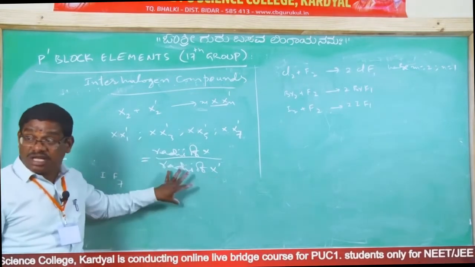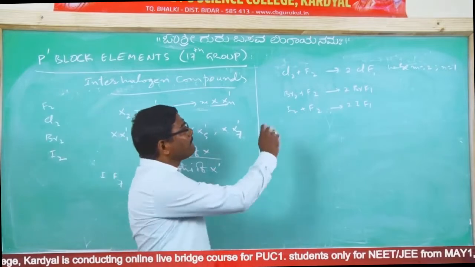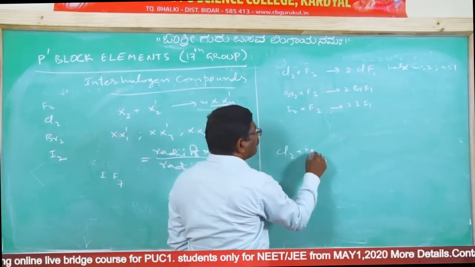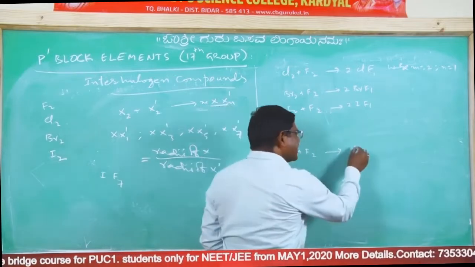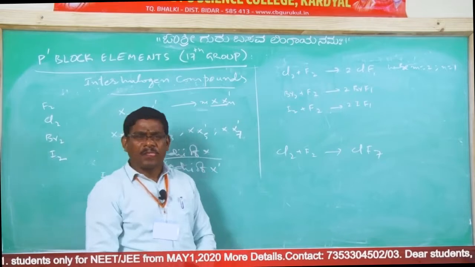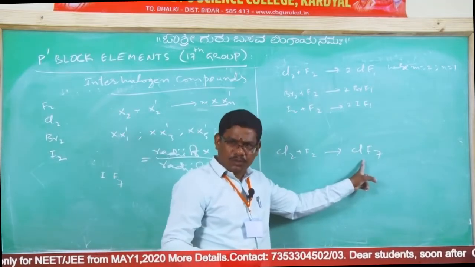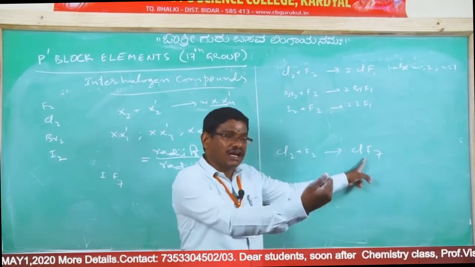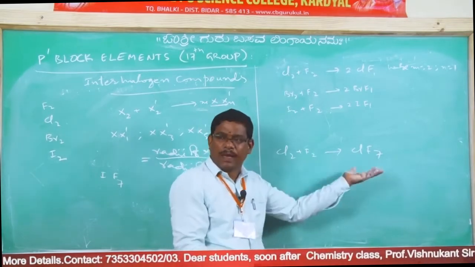Clear? Based on this concept you have to keep in mind: suppose I take Cl and F, suppose Cl2 reacts with F2 under conditions, can I expect it as ClF7? Why? ClF7 is not stable. Suppose under conditions it is prepared, it may exist. When the condition is withdrawn, again it will give back.